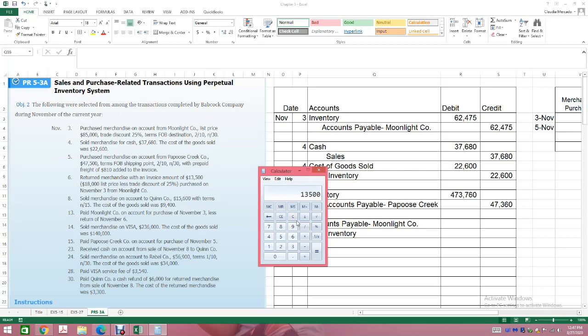So the amount that was being returned was $13,500 minus my discount. Let me see, did I do that right? It was $13,500 and it is a 2% discount. It's $270. You see? $270. I had miscalculated. So we're going to get the 13,500 minus the 270. That will give me $13,230.